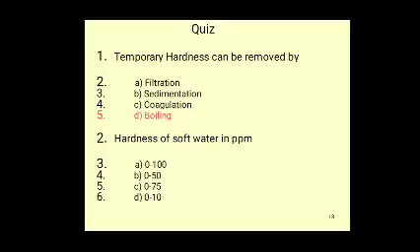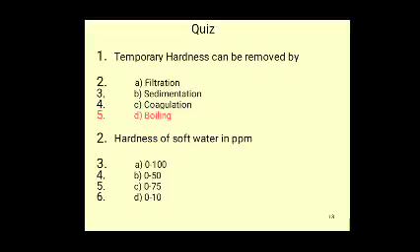Option D, 0 to 10 ppm. What is ppm? Parts per million. How many parts of salts are present in 1 million parts by weight of water is called ppm.